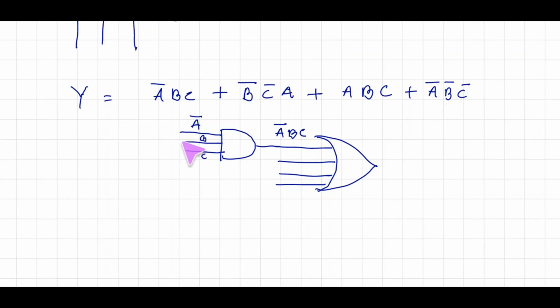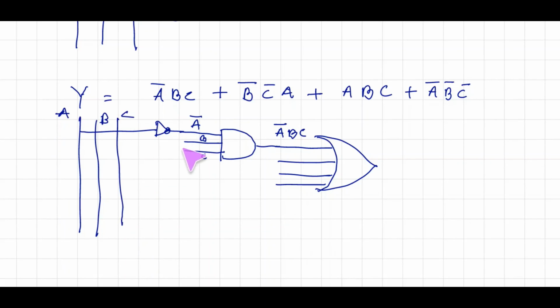Since it is a bar, we must have a NOT gate connected to input a. So this is a bar bc, second input b, third input c. So b is connected to the AND gate and c is also connected to the AND gate, which gives us this first term. Similarly we can draw all other terms.